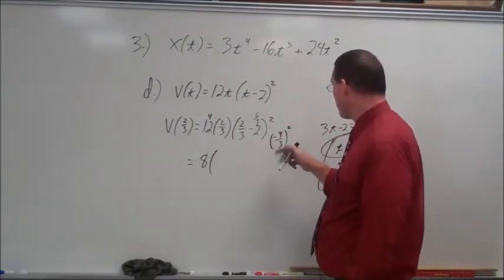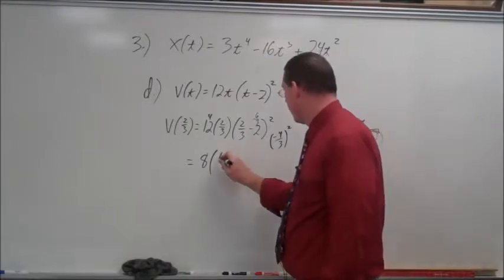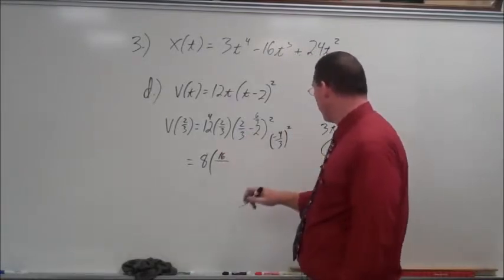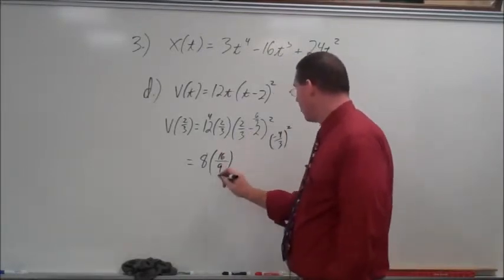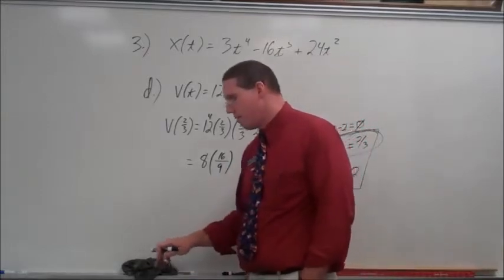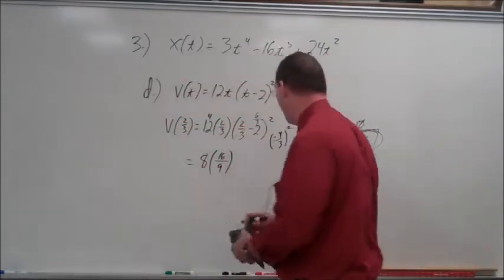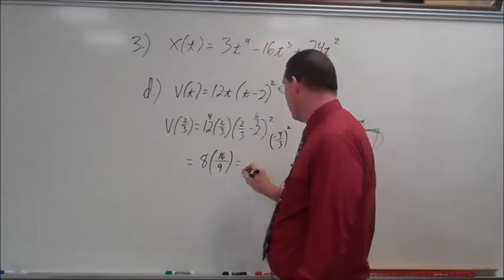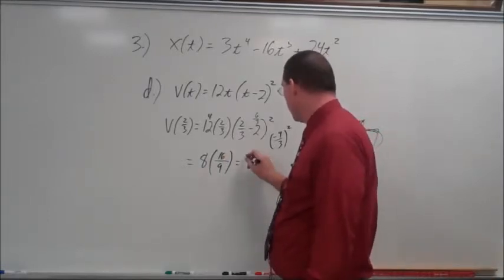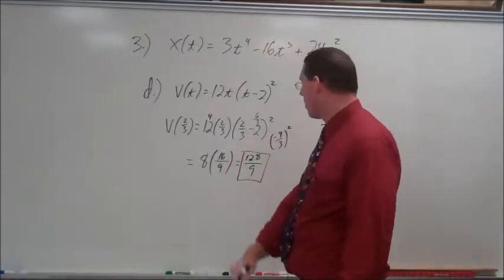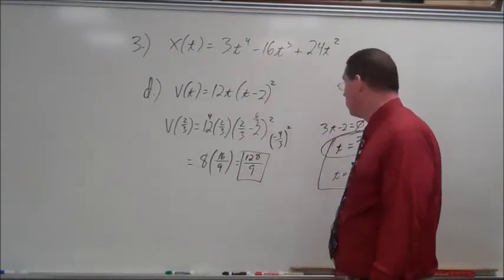Okay? And then negative 4 squared is 16, and 3 squared is 9. And so now I have 8 times 16 over 9. And now 8 times 16 is going to be 128 over 9. That is my velocity at time 2/3.